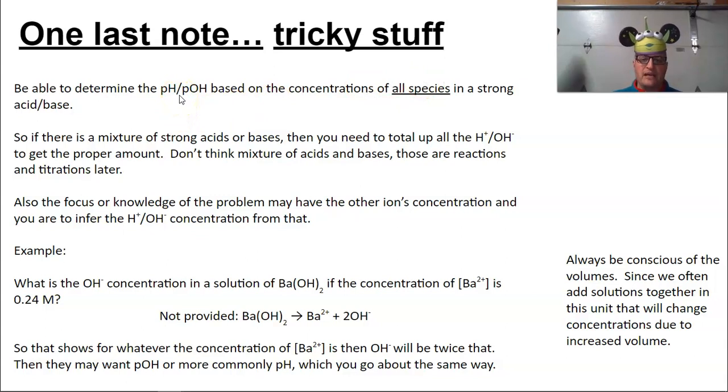So you have to be able to go from one thing to another using those concentrations. Now, they all use the same math, but just be aware of what they mean in reference to each other.